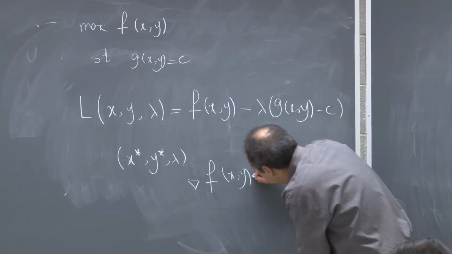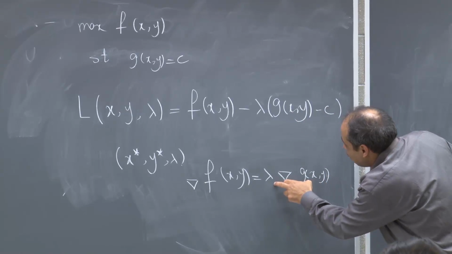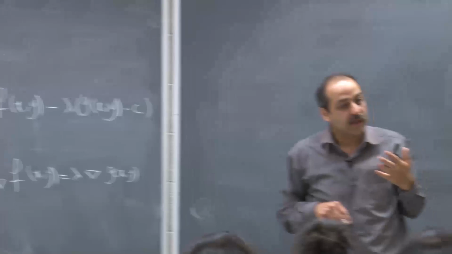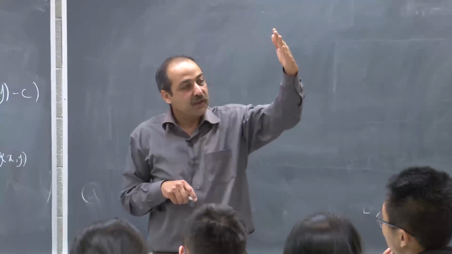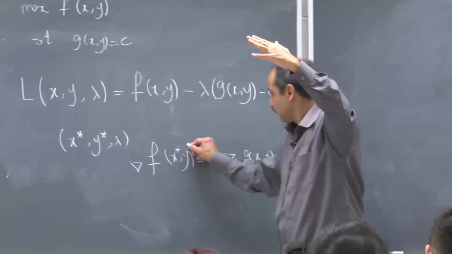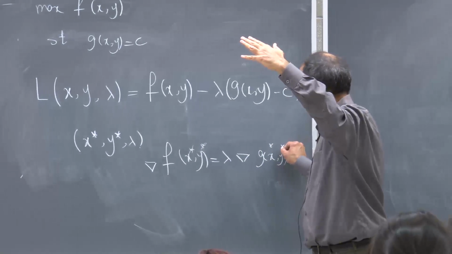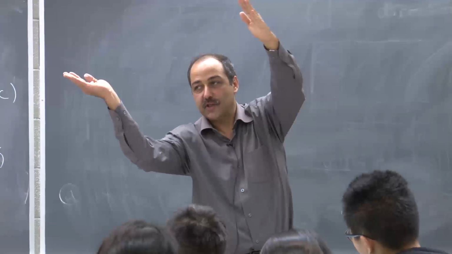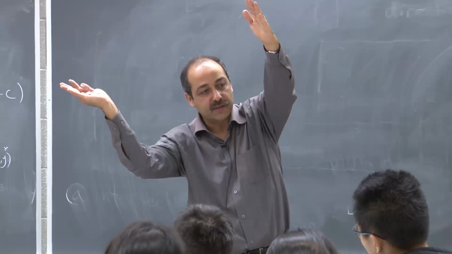It means that the derivative of f(x,y) is the same as the derivative of g(x,y) multiplied by lambda. It means that the tangent of f is parallel to the tangent of g.